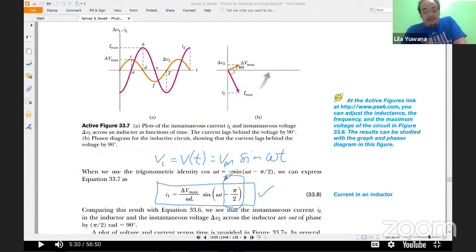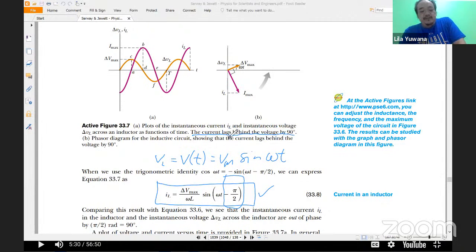The phase difference of the current is minus P over 2 compared to the voltage. Now we can say that the phase of the current is minus P over 2. Or you can read here, the current lags behind the voltage.